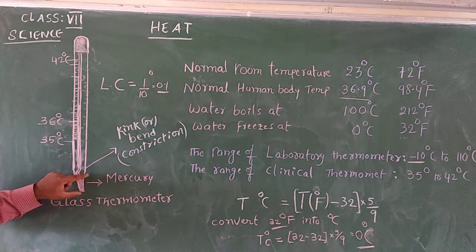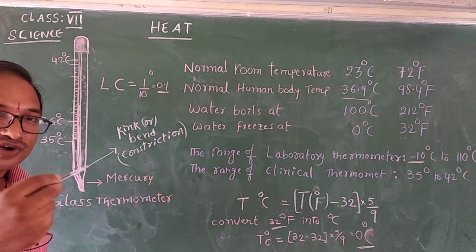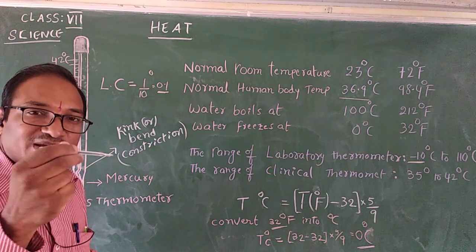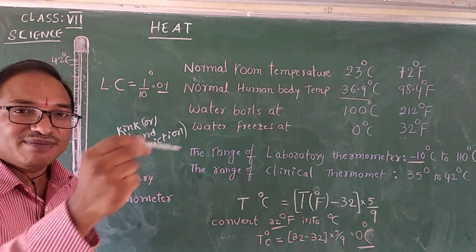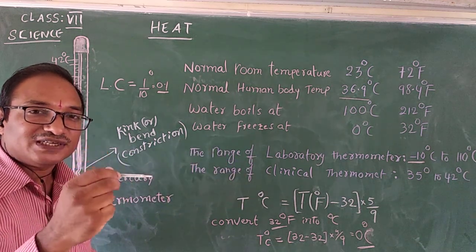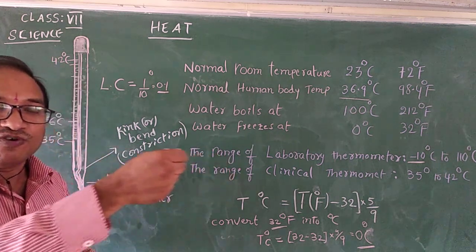And what is the use of the kink or bend? Suppose I am going to find out the body temperature of a person. I kept the thermometer below the person's tongue, measured the temperature, and removed it from him.